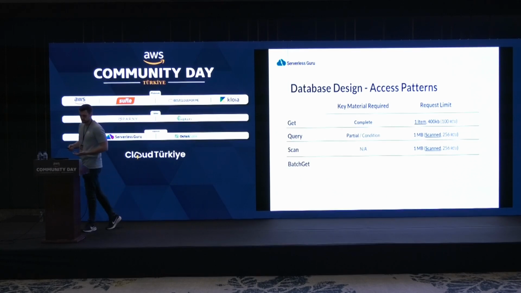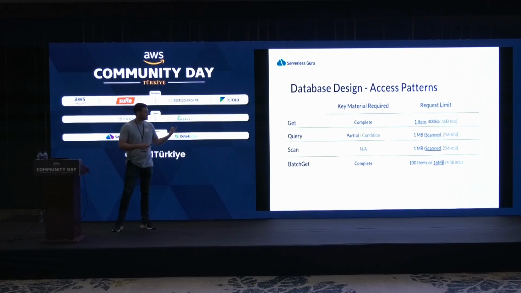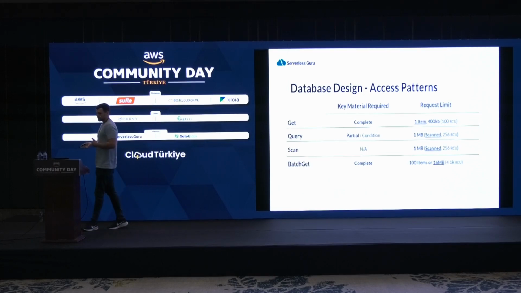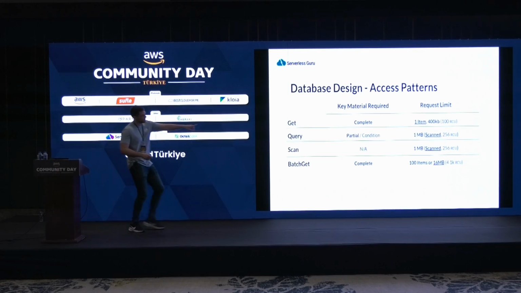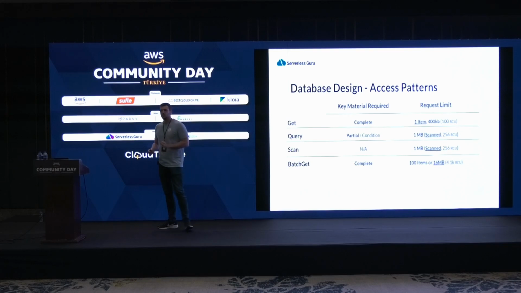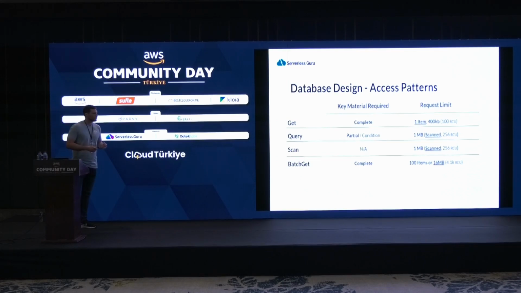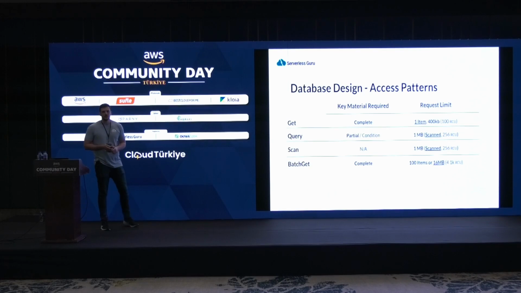Batch get item will allow you to retrieve up to 100 items if you're able to provide the complete primary keys for all of them. The tricky part here is that both query and scan will scan up to 1 megabyte of data, meaning that an empty response from a query or a scan doesn't mean that there are no records in your database that match your condition.